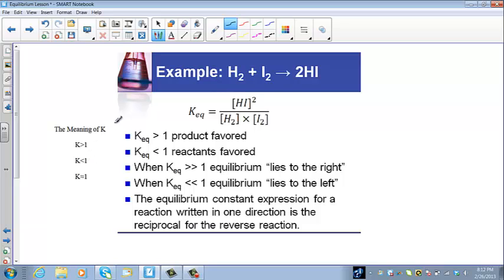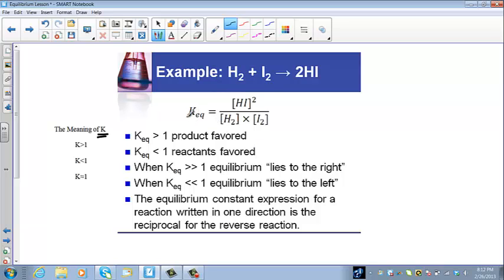Let's talk about the meaning of K. We're not going to ponder it quite as in depth as the meaning of life, but it will get pretty in depth. Keq, using this example, we have H2 plus I2 yields 2HI, so our equilibrium expression is HI squared, because this has got a 2 in front of it, over the concentration of H2 times the concentration of I2.